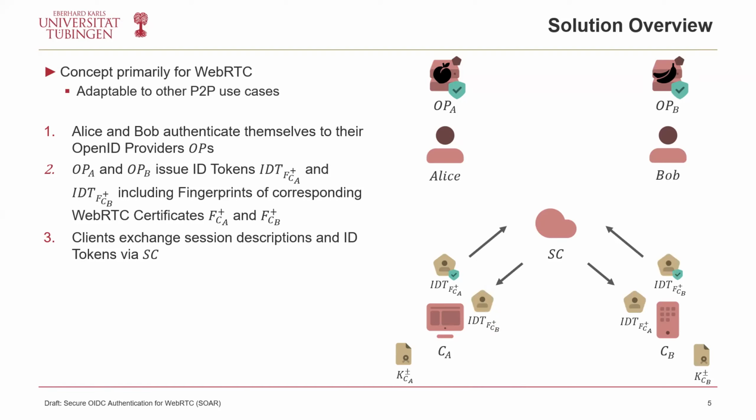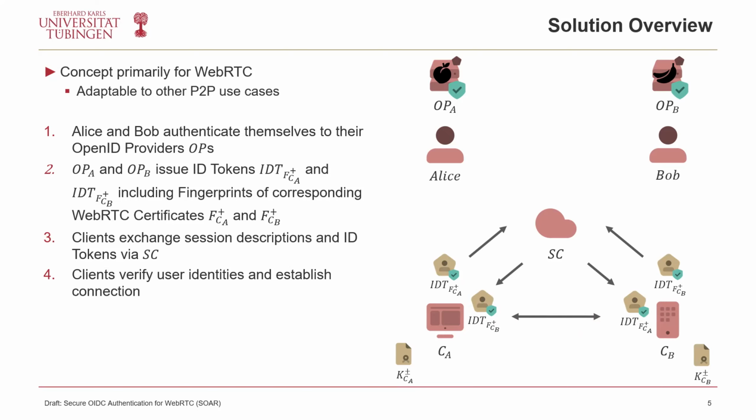So they can verify the identity of the user of the remote client on their own. After they check the identity token, they will establish a direct peer-to-peer connection and validate if these identities also match.